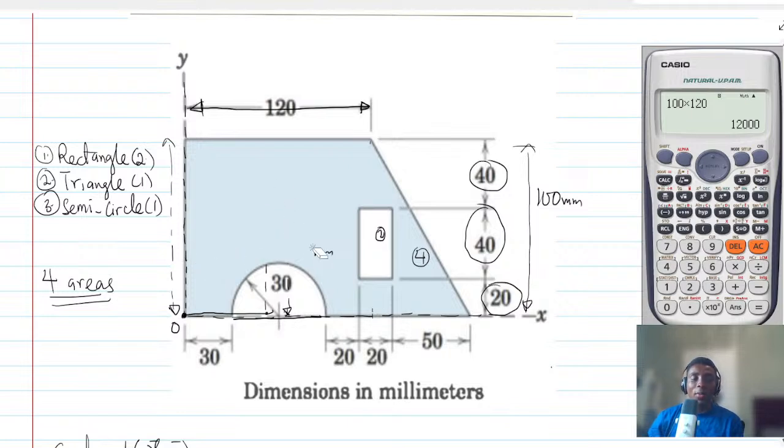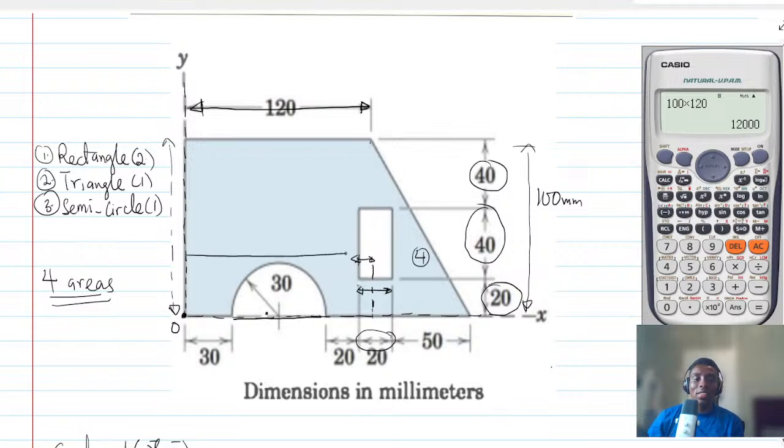Now I want someone to tell me, this rectangle has a distance from here to here as what? 20. So exactly half of 20 will be what? 10.